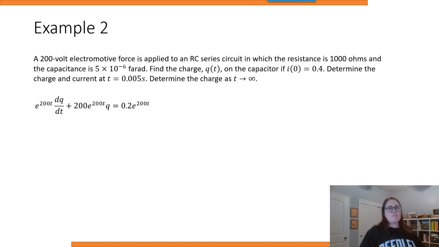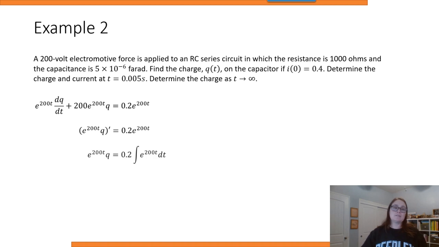If I found my integrating factor correctly, the left side should be the derivative of e to the 200t times q. You can check that by doing a quick product rule, and you should get what we had in the previous step. Then I can integrate both sides to get rid of that derivative. So e to the 200t times q is going to be equal to the integral of 0.2 times e to the 200t on the right.